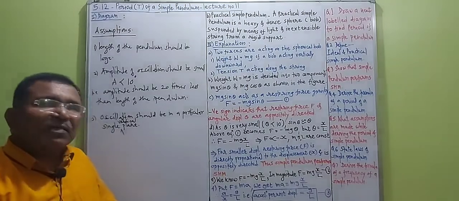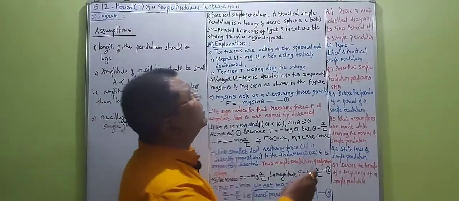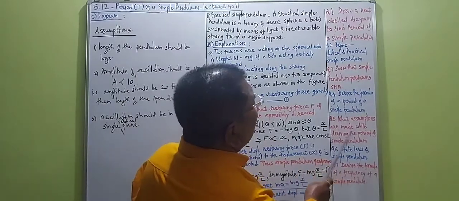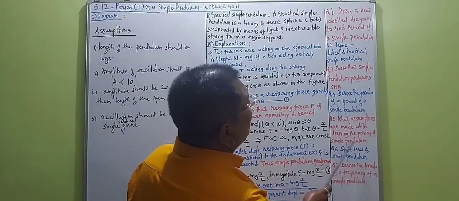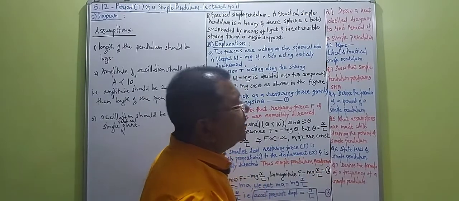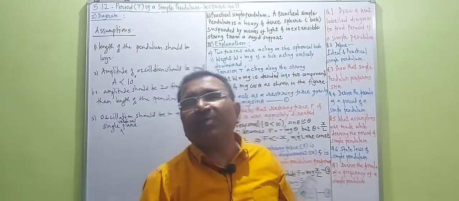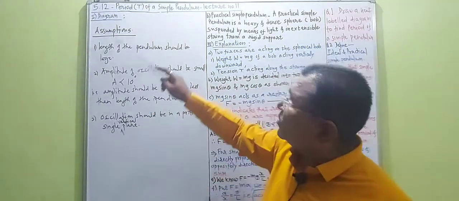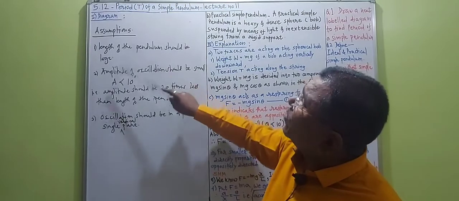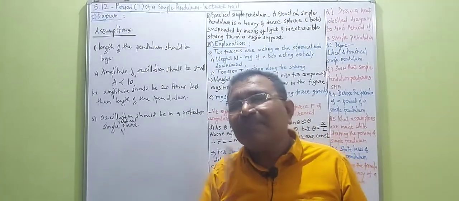So these are the assumptions we follow while determining the period of a simple pendulum. What assumptions are made while deriving the period of a simple pendulum? So that is the answer of this question. So these 3 points should come as long as your assumption is concerned.